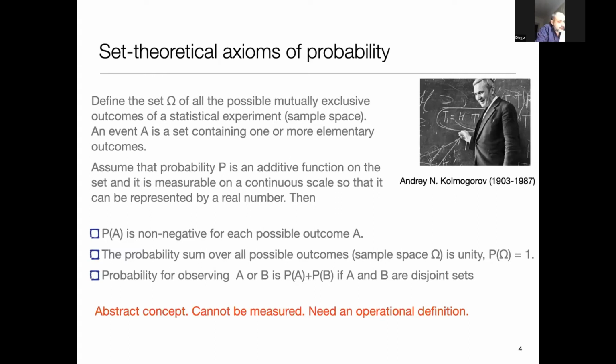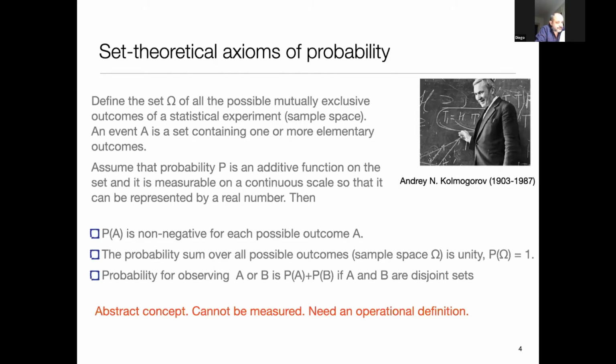An event A is a set of one or more elementary outcomes. And then you assume that the probability is an additive function on the set, and it's measurable on a continuous scale so that it maps on the real axis. It can be represented by a real number. And then you have the axioms here. The probability of any elementary outcome or of any set of elementary outcomes is non-negative.